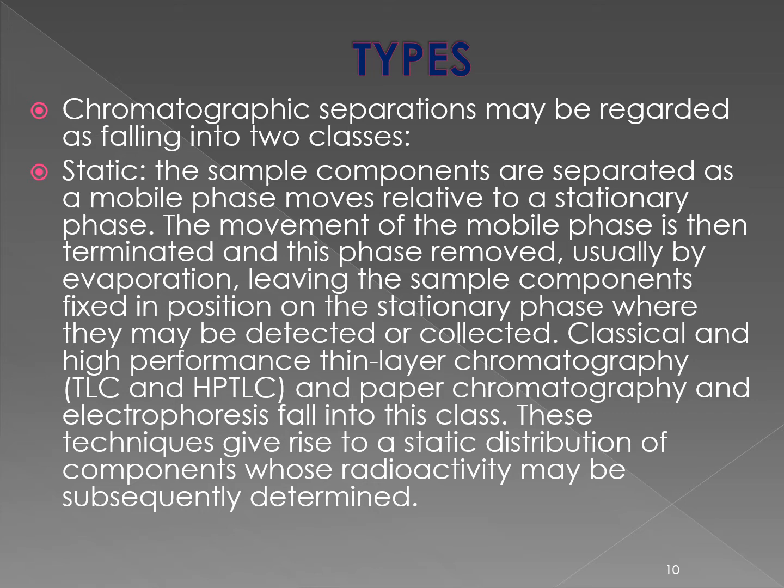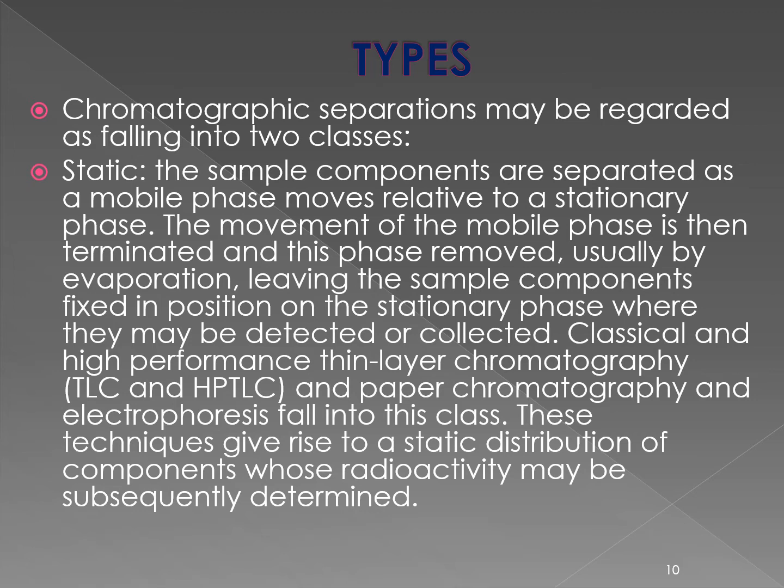The movement of the mobile phase is then terminated and this phase is removed, usually by evaporation, leaving the sample components fixed in position on the stationary phase where they may be detected or collected.